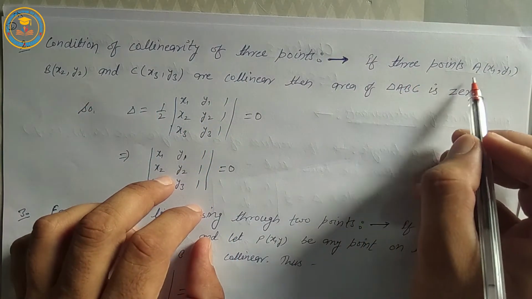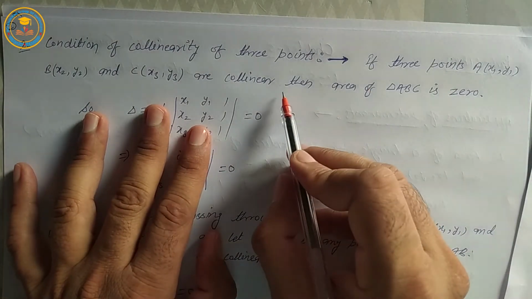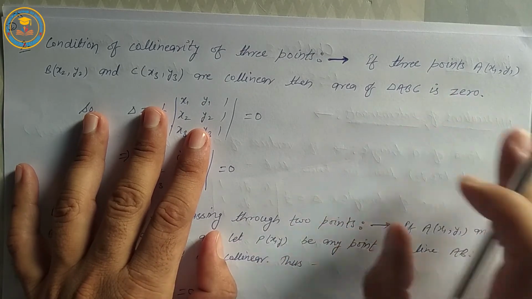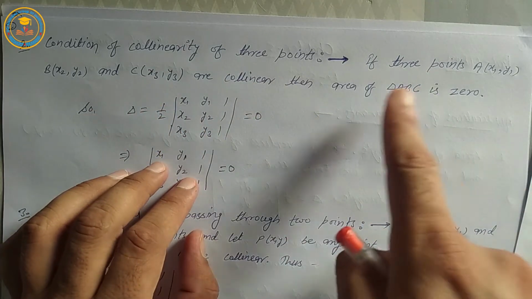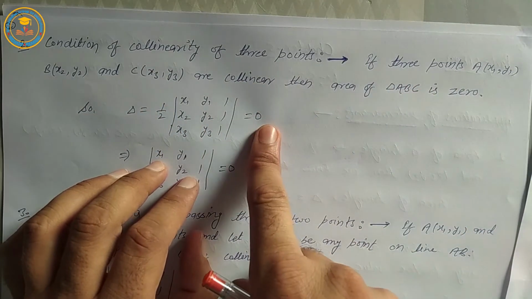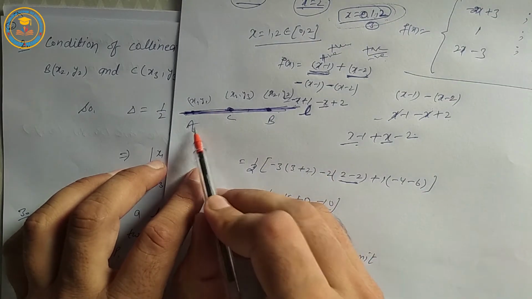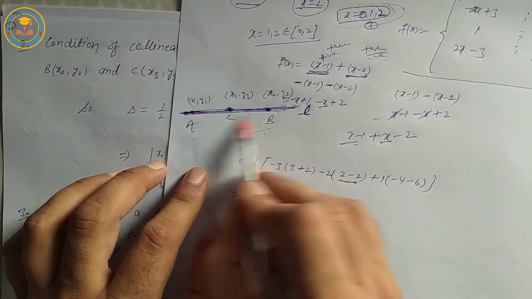If three points A (x1, y1), B (x2, y2) and C (x3, y3) are collinear, then the area of the triangle is 0, because the points A, B, C lie on a straight line.